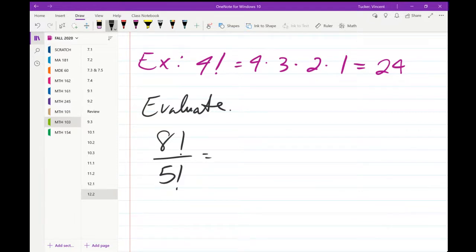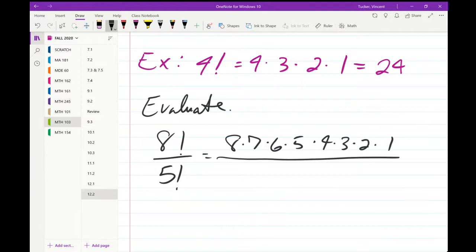Pretty much most scientific calculators have this factorial function. You just have to look for it in some cases, and in some cases it's actually sitting on the front of the calculator. But like I said, if you need help with your calculator, make sure you contact me and we'll do that. So 8 factorial is 8, 7, 6, 5, 4, 3, 2, 1, over 5 factorial, which is 5, 4, 3, 2, 1. 5's cancel, 4's cancel, 3, 2, and of course 1.